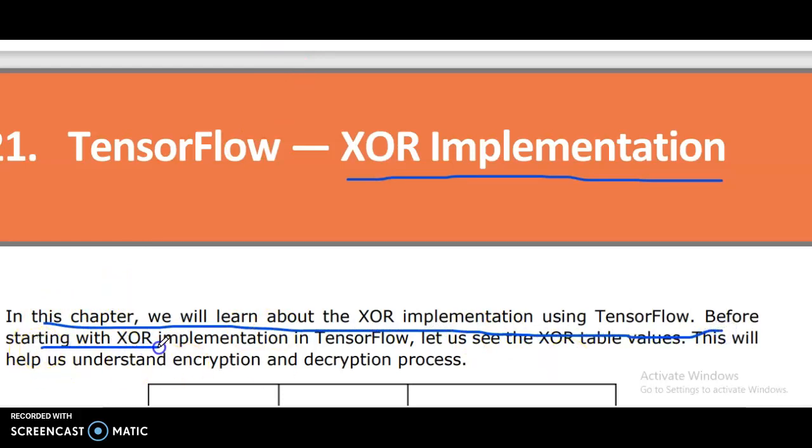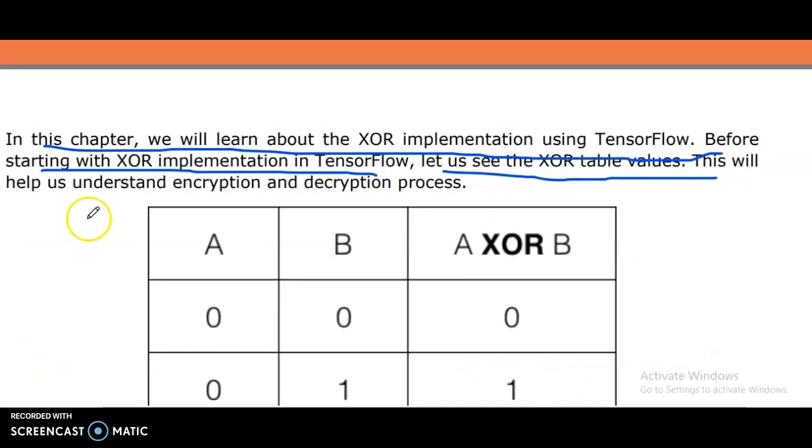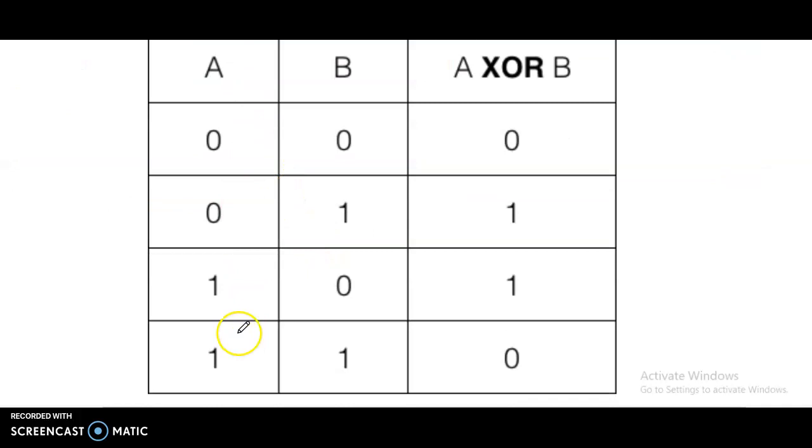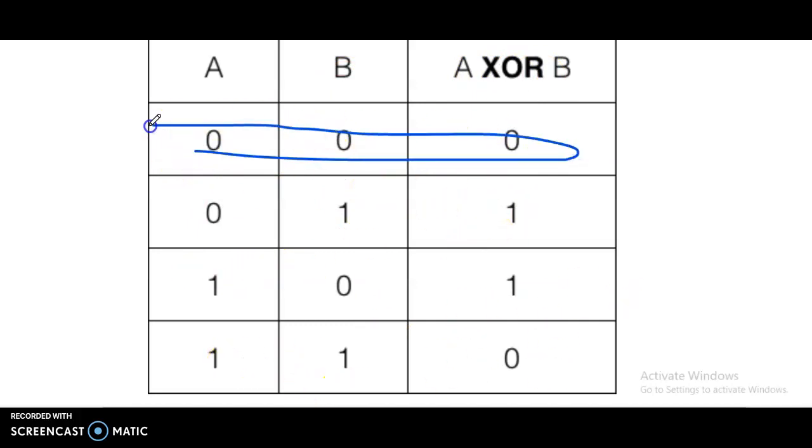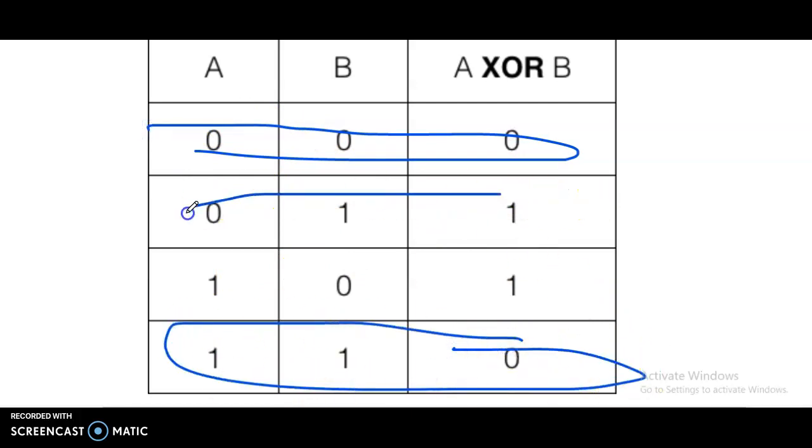Before starting, let us see the XOR truth table values. A, B, A XOR B: 0 0 0, 0 1 1, 1 0 1, 1 1 0. Same will be 0, different will be 1.